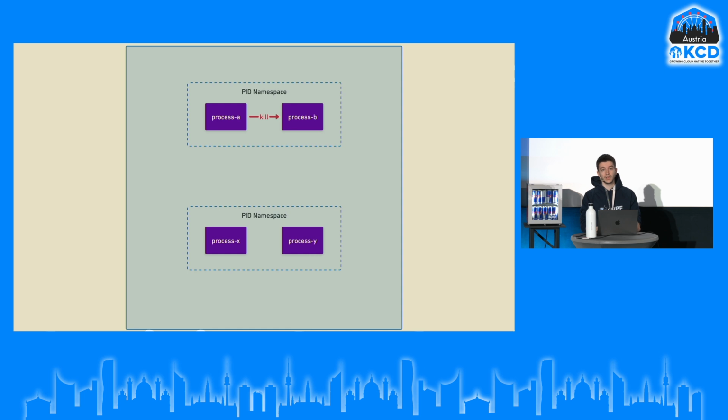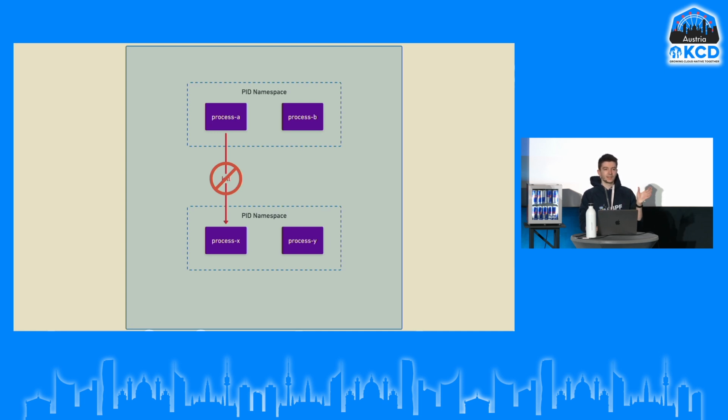So A could kill B if sufficient permission were to be granted. However, you wouldn't be able to do the same to another namespace because it's isolated, you can't see it, you do not know how you were to reach it, and therefore you can't kill it.